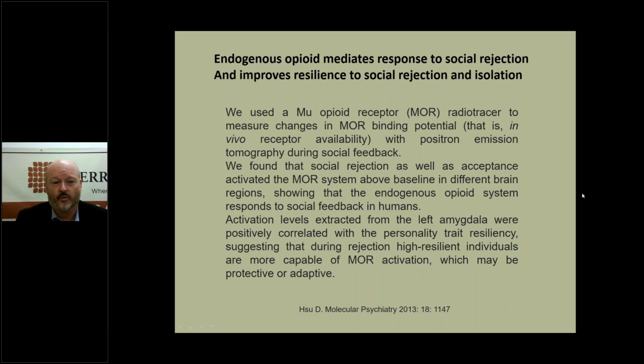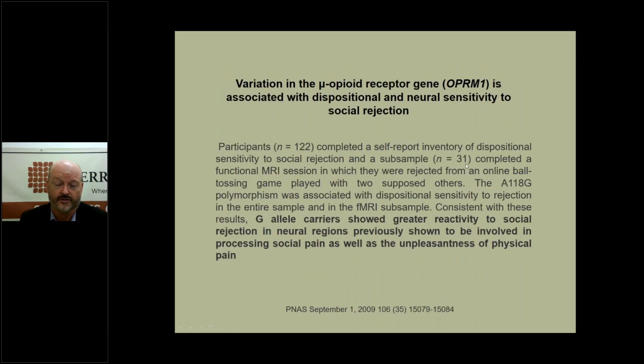And what they're telling us is that people who are more resilient tend to have more responsive opioid receptors in the correct part of their brain. And there's actually a gene, the gene for the opioid receptor, a specific allele of that gene, which will make people more sensitive to social rejection.